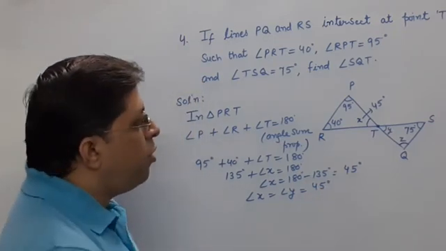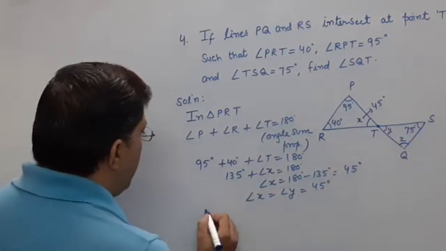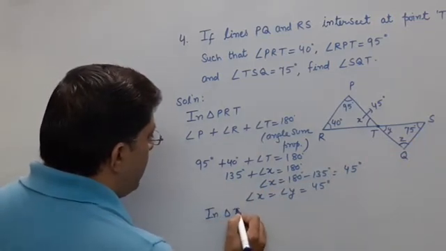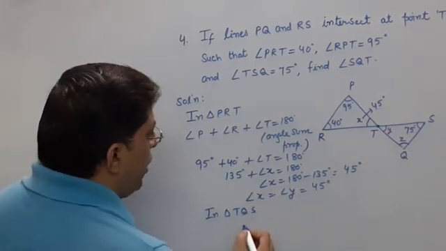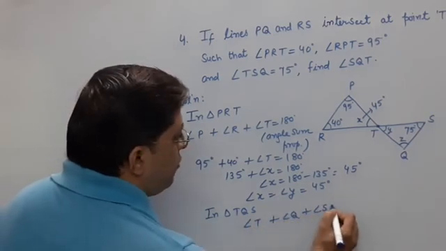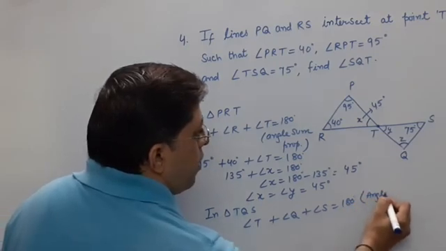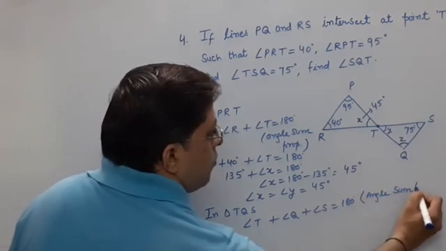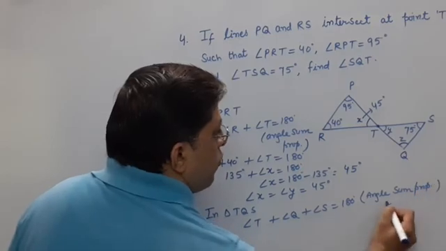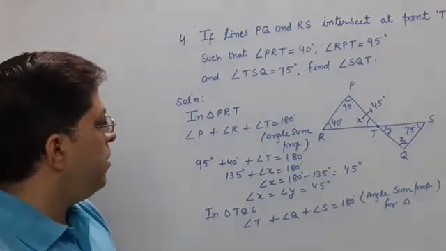Now come on, in triangle TQS, angle T plus angle Q plus angle S is 180 degrees, again by angle sum property for triangle. What is angle T?